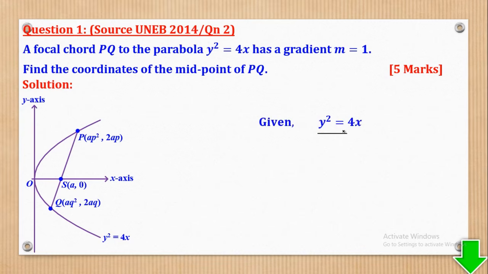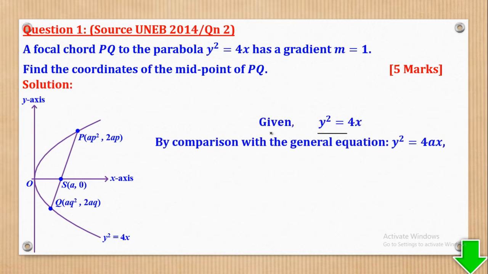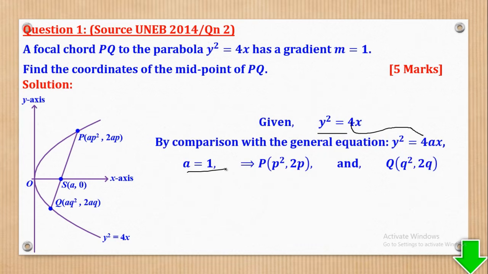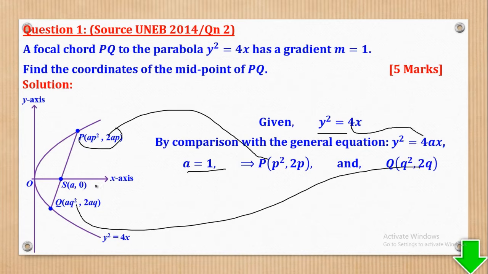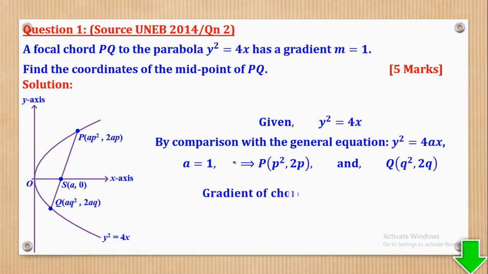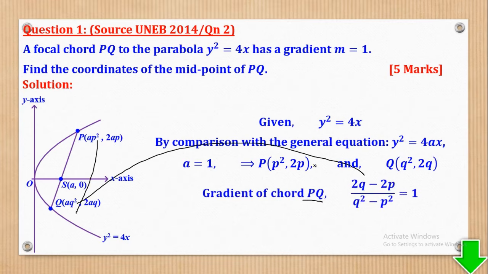So now given this, it implies that I want to first get the value of a. Therefore when I compare, 4 will be equal to 4a, implying that a is equal to 1. That means that this point will now become this, and this point will now become this, and the focus is now 1, 0. So the gradient of chord PQ, I'll use these 2 points and change in y over change in x.